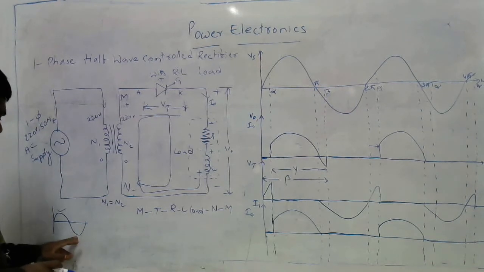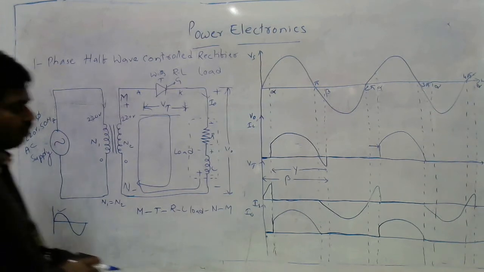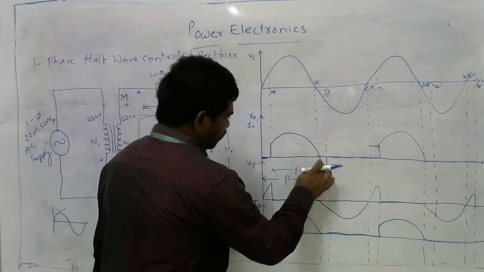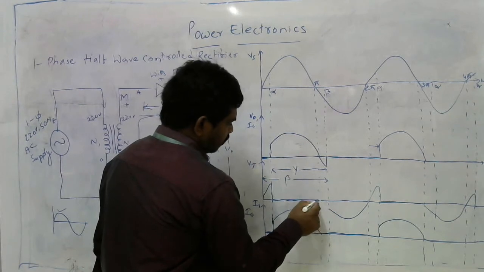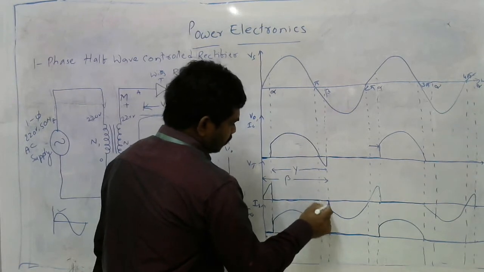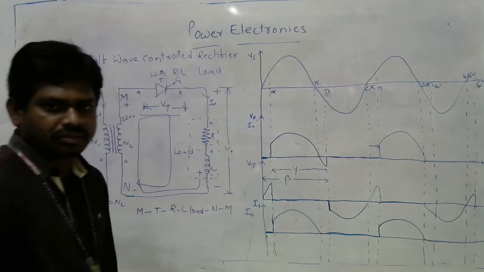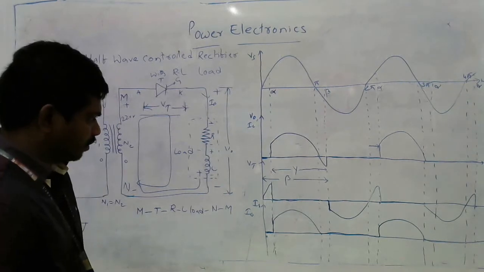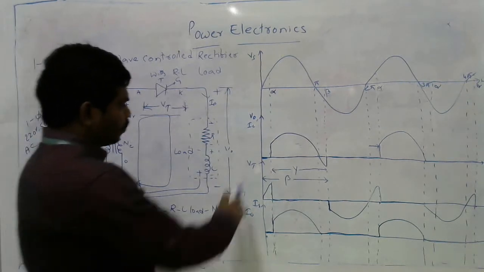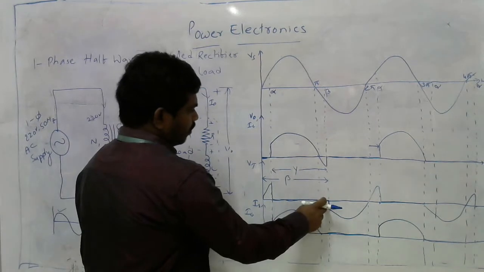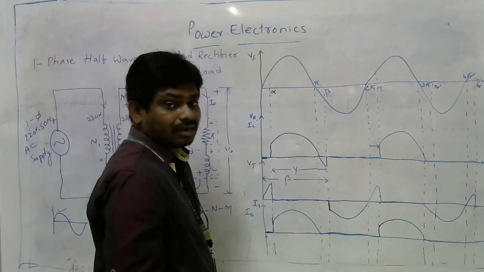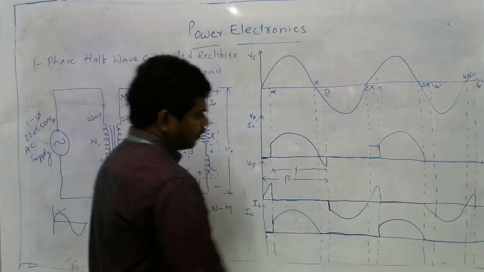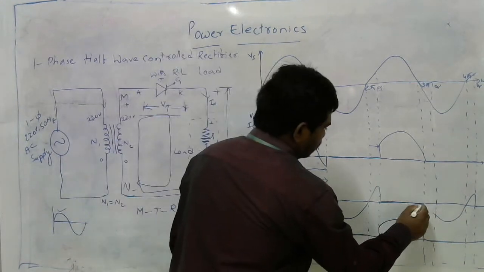Once the negative half cycle comes, what will happen here? After this portion, there is no voltage across the thyristor. Look at how that changes. Voltage across the thyristor: up to beta there is no voltage across the thyristor, because it is in the conducting state. Here also the same thing; we'll see that later.